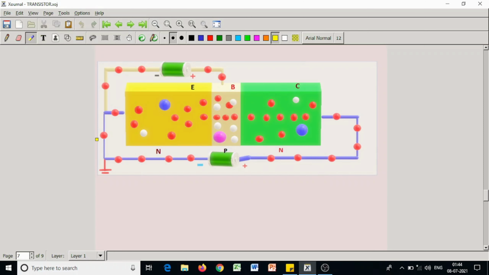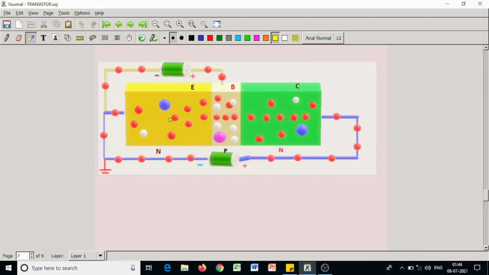This N is connected to the negative terminal of the battery, and the base, being P, is connected to the positive terminal of the battery. The potential of this battery, although much smaller than the potential of this battery, is enough to break the depletion region or potential barrier existing in the base emitter junction.